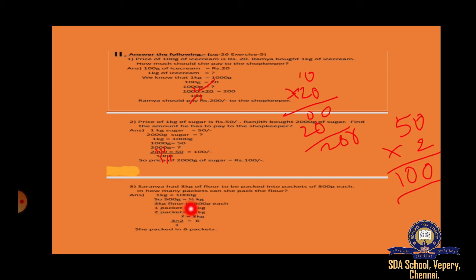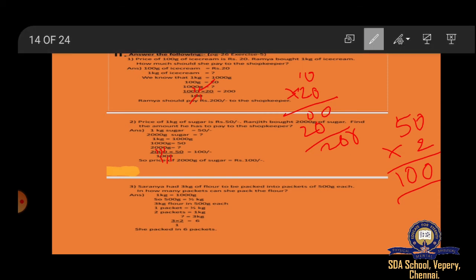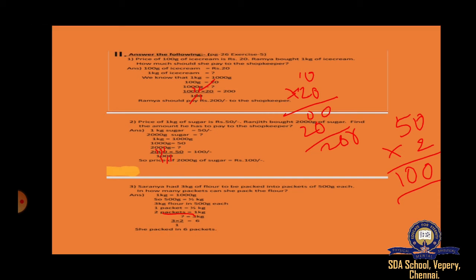So 3 kg of flour in 500 grams each means 1 packet is half kg, 2 packets is 1 kg. Like that 3 kg means 3 into 2 divided by 1. So 3 twos are 6. So she has to fill 6 packets.